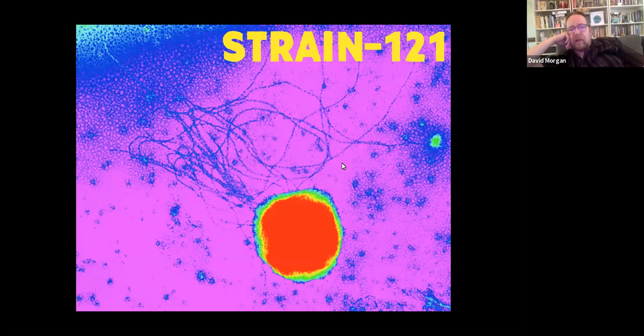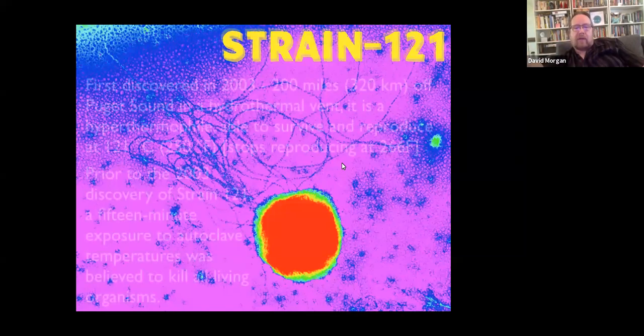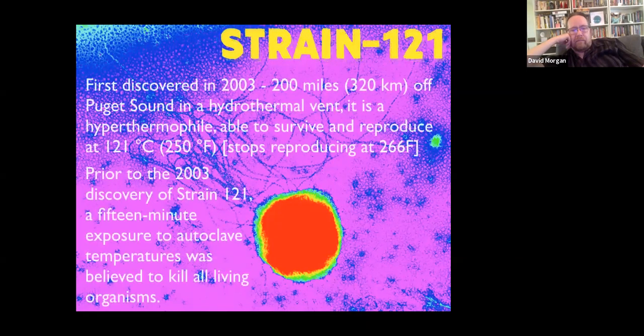There have been some organisms on Earth, some bacteria that have been discovered, that can survive extreme temperatures higher than the boiling point of water. There's a bacteria called strain 121, named after the temperature that it can survive, which is 121 degrees Celsius.